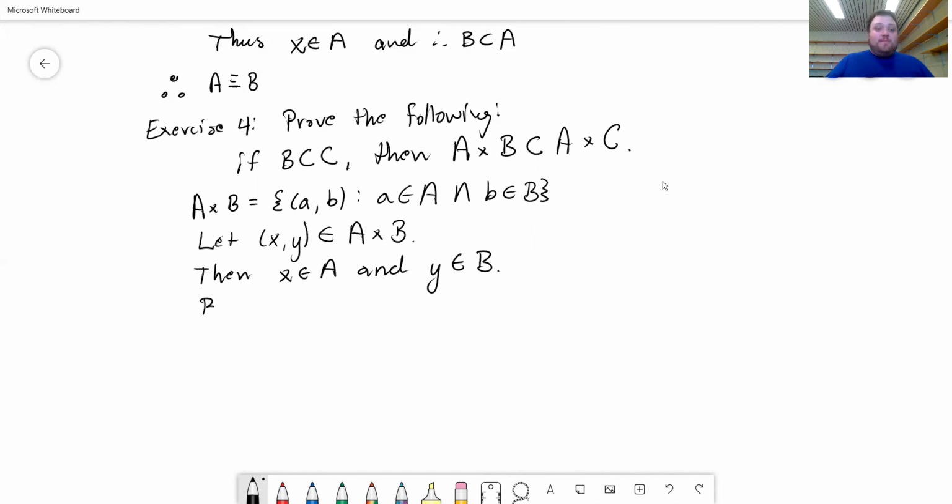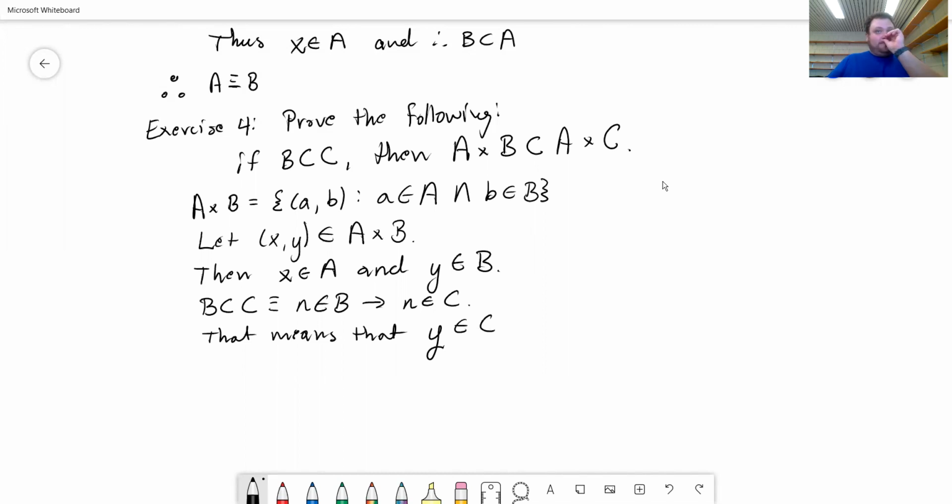We also know that B is a subset of C, which is equivalent to saying that if n is an element of B, it implies that n is an element of C. So everything in B is also in C. And that means that since y is in B, y is an element of C.